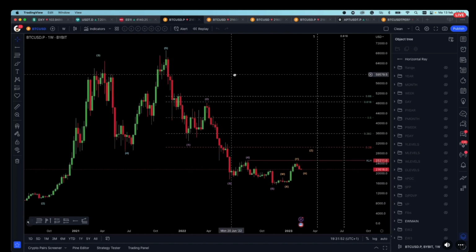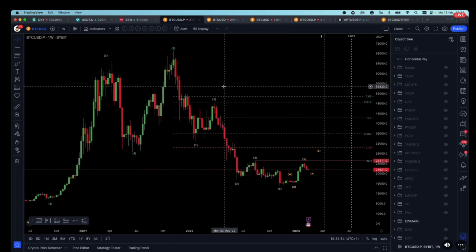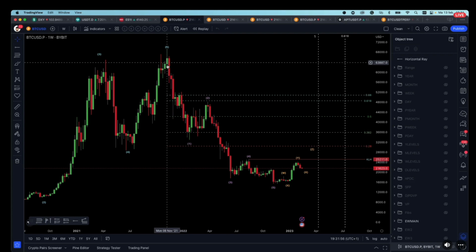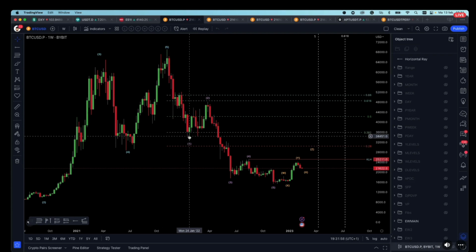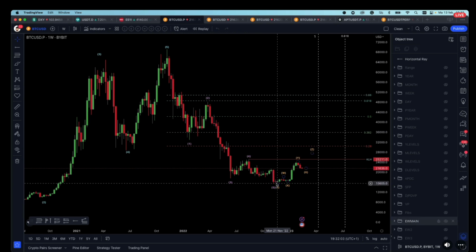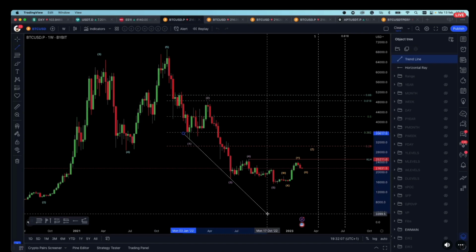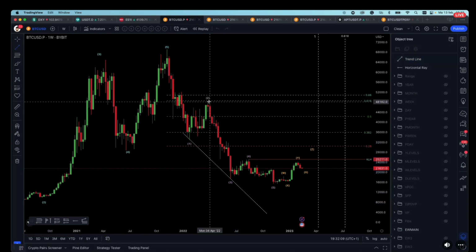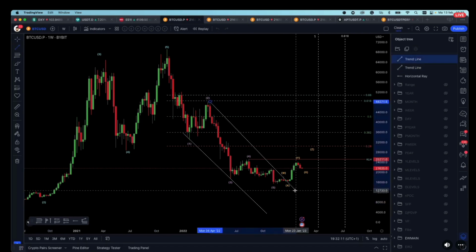The first and main Elliott Wave that I have is that this is A, B, C, 1, 2, A, B, C, 3, 4, A, B, C. The reason that it's A, B, C is because it's in some kind of diagonal over here.